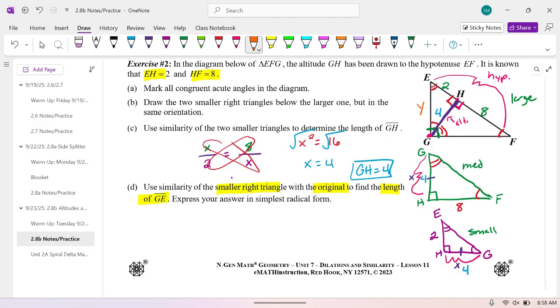All right. So if we look at these two triangles, EG on the smaller one would also be what? It would also be y. All right. So we're trying to find EG. Let's call that y.